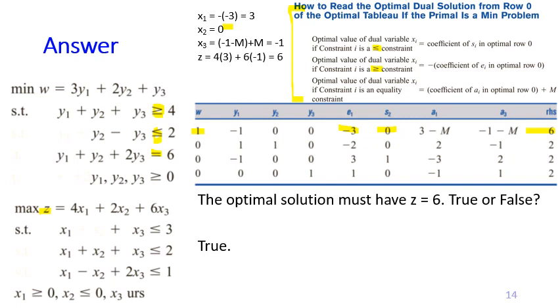So here we need to read the coefficient of a3 plus M. So this is the coefficient of a3 plus M, so it becomes minus 1. Now you plug in the value of 3 for x1, 0 for x2, and then minus 1 for x3, and then you will get the answer that the value of Z is 6.